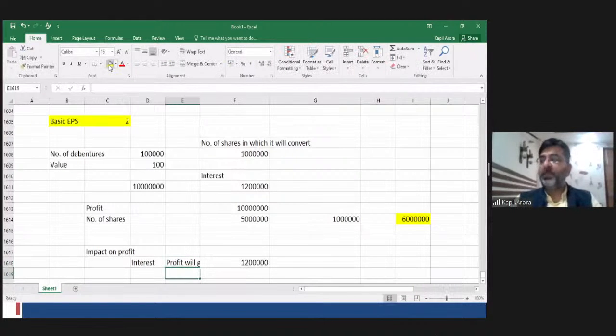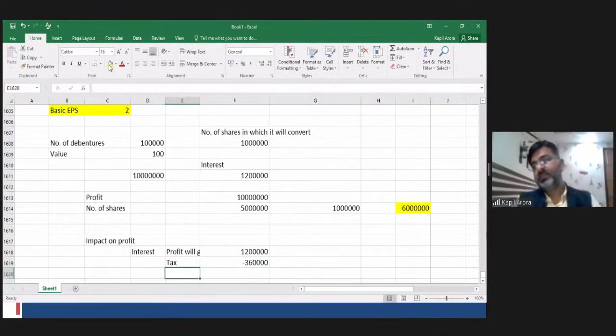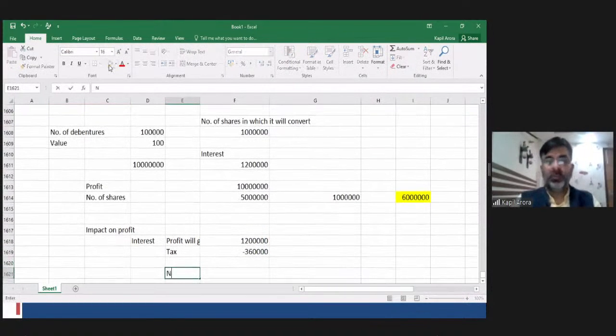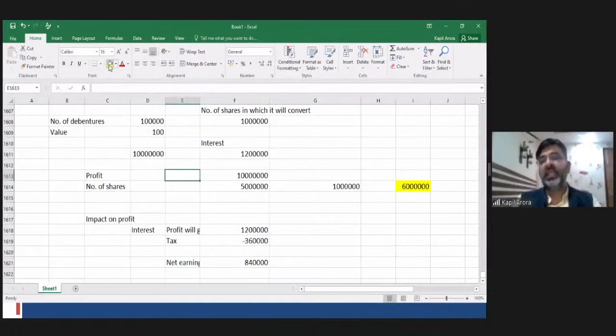If profit goes up, I have to pay tax on that. How much tax would it be? 30% on this, which is 3,60,000. What would be my net earning available for the shareholders? Net earning available for the shareholders is 8,40,000.